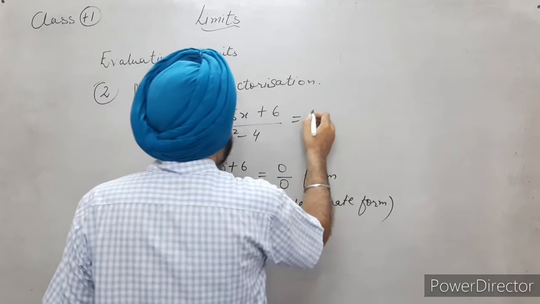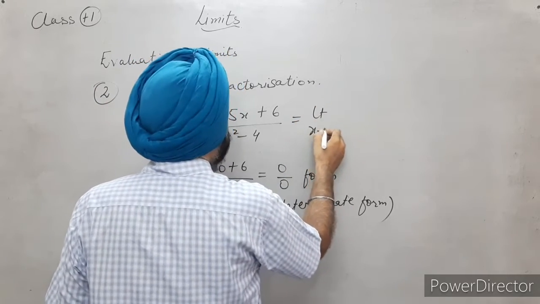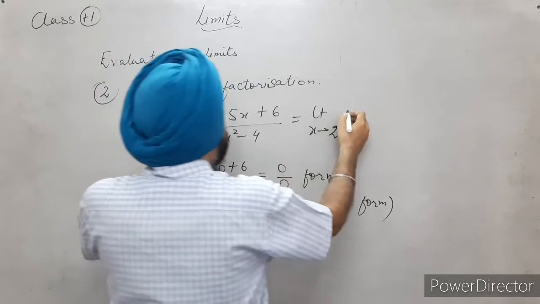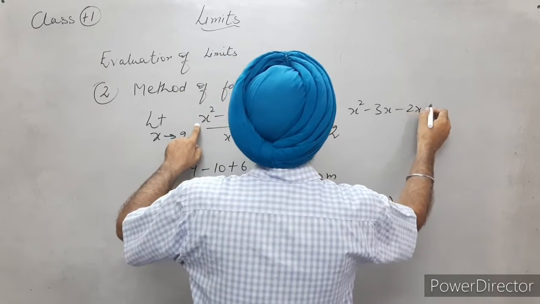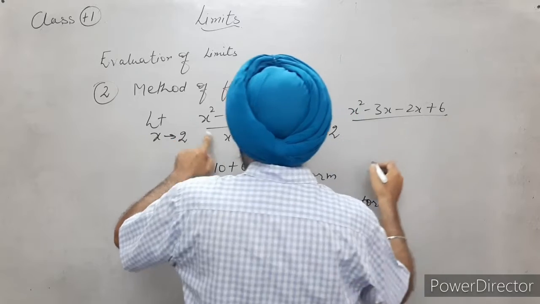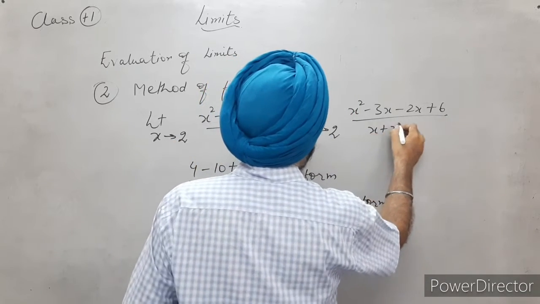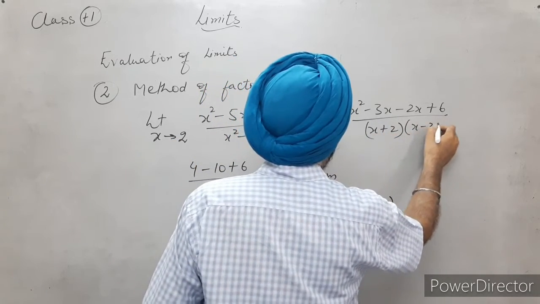Let us do that. Limit x approaches 2 of (x square minus 3x minus 2x plus 6) divided by (x plus 2)(x minus 2).